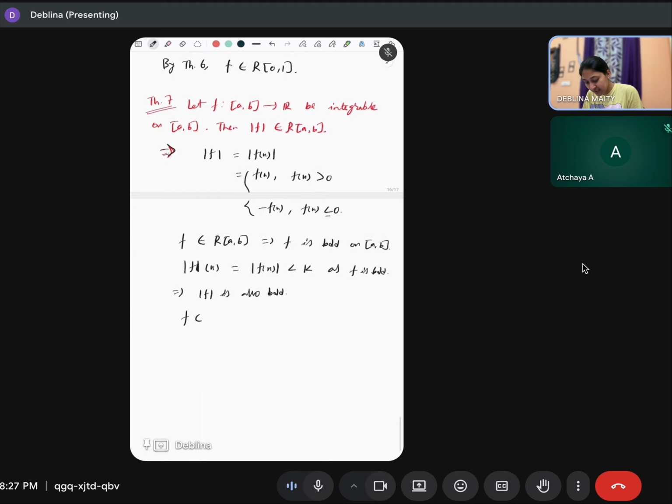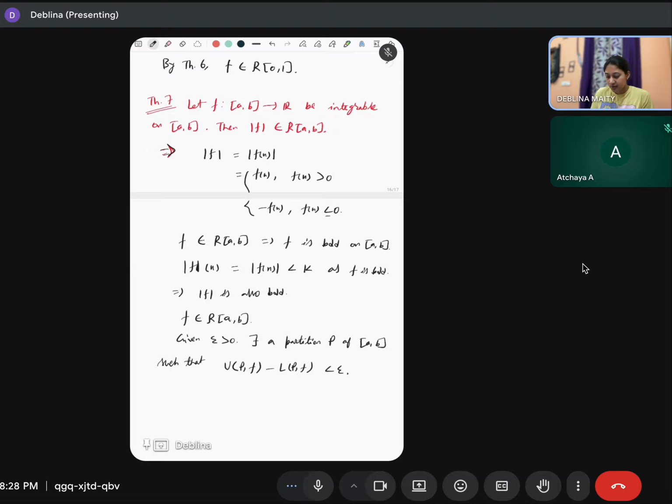Now f is Riemann integrable. This means given epsilon greater than 0, there exists a partition P of [a,b] such that U(P,f) minus L(P,f) is less than epsilon.